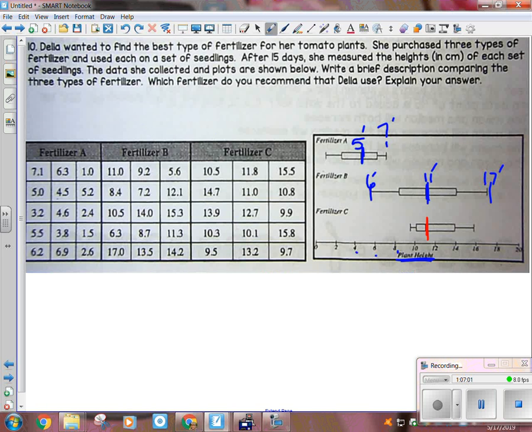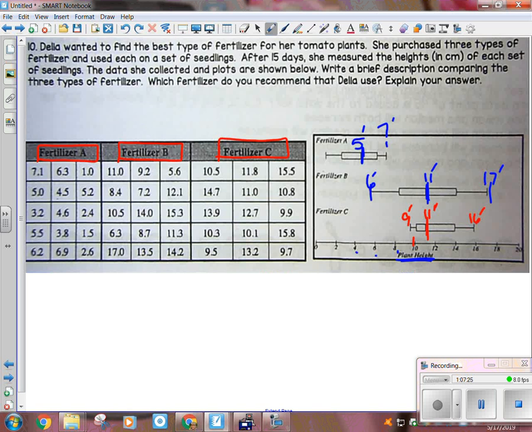Looks like the median falls somewhere around 11 feet, so very similar to fertilizer B. The highest ones only got to about 16 feet, but yet the lowest ones got consistently above 8 feet, so let's say about 9 feet. If this was the data that you had, would you pick fertilizer A, fertilizer B, or fertilizer C?